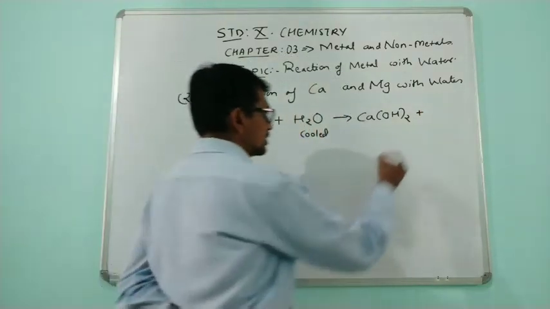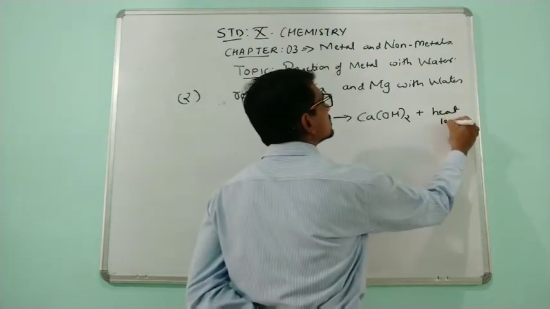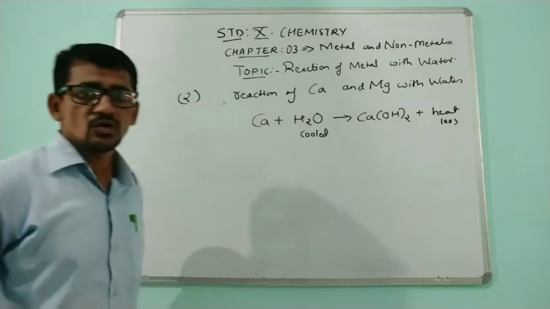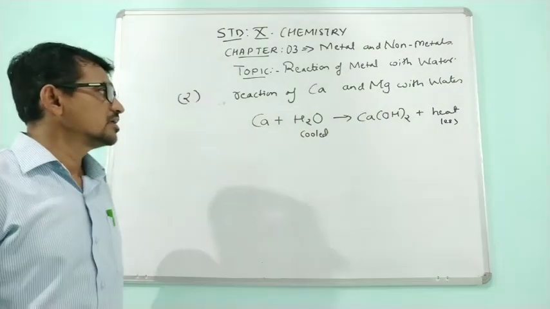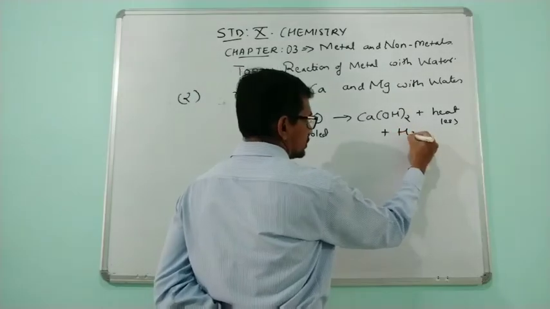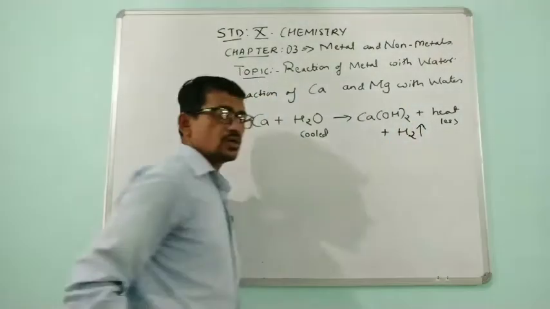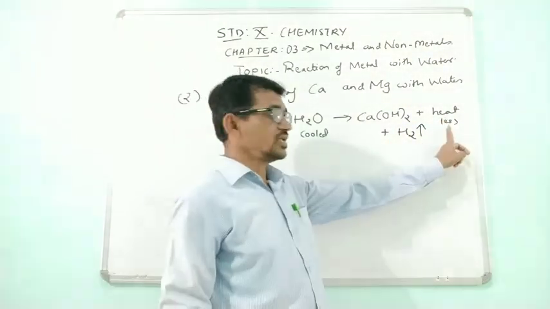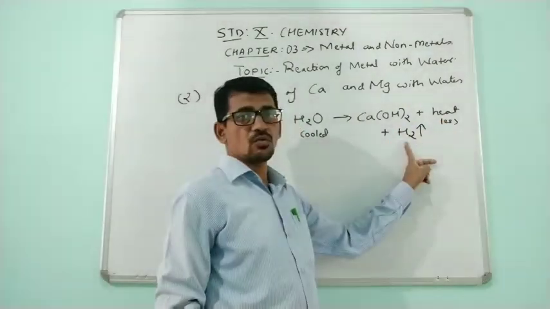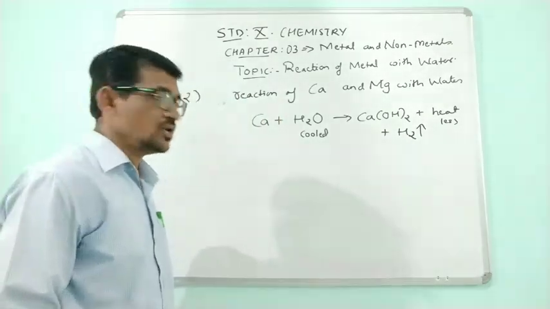Here heat is coming, but this heat is very less. This reaction is exothermic, but very mildly. The other thing which is evolved is hydrogen gas. So calcium hydroxide and hydrogen gas. The heat evolved is very less, so it will not react with the hydrogen gas. So no explosive reaction will form.